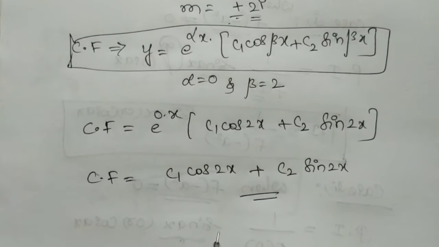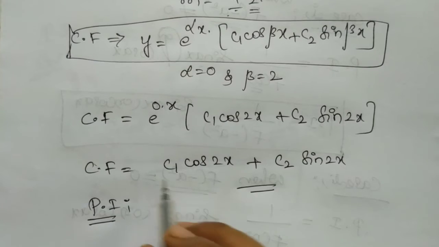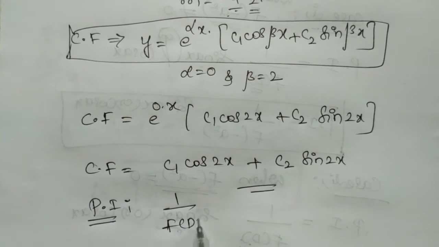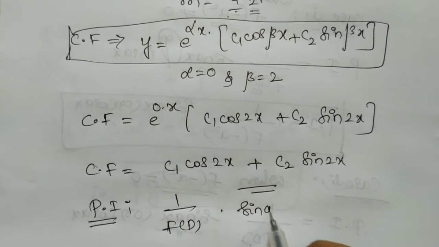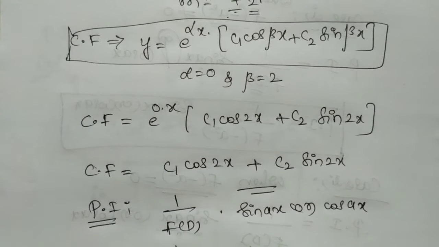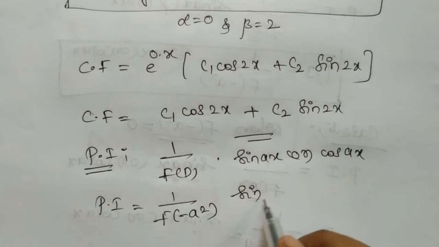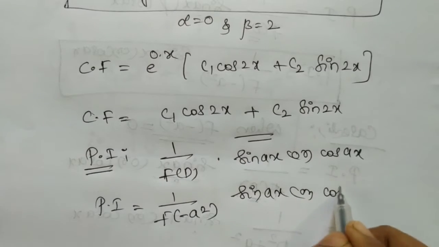Next, coming to find the particular integral. The particular integral is 1 by f of D of sin ax or cos ax, that means 1 by f of minus a square of sin ax or cos ax.